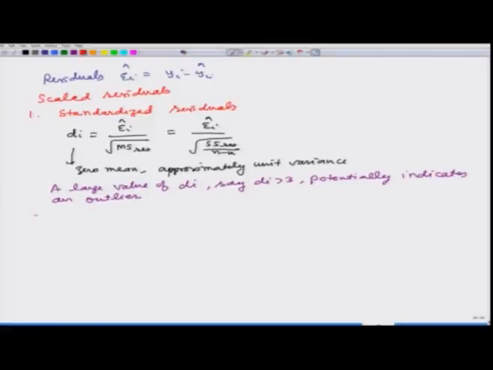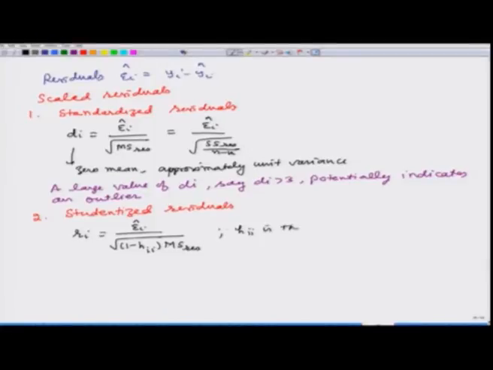The next scaled residual that we are going to talk about is studentized residuals, and this is defined as Ri, which is epsilon i hat divided by square root of 1 minus Hii times MS res, where this Hii is the ith diagonal element of the hat matrix H, which is X (X transpose X) inverse X transpose.